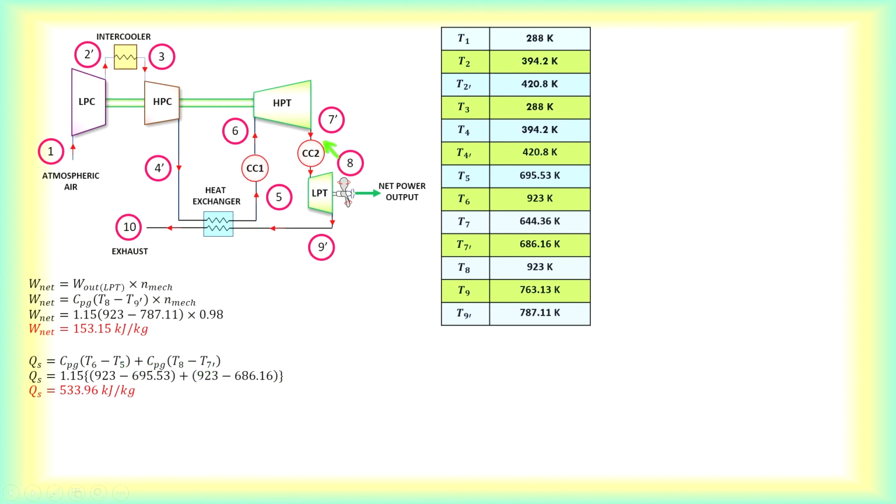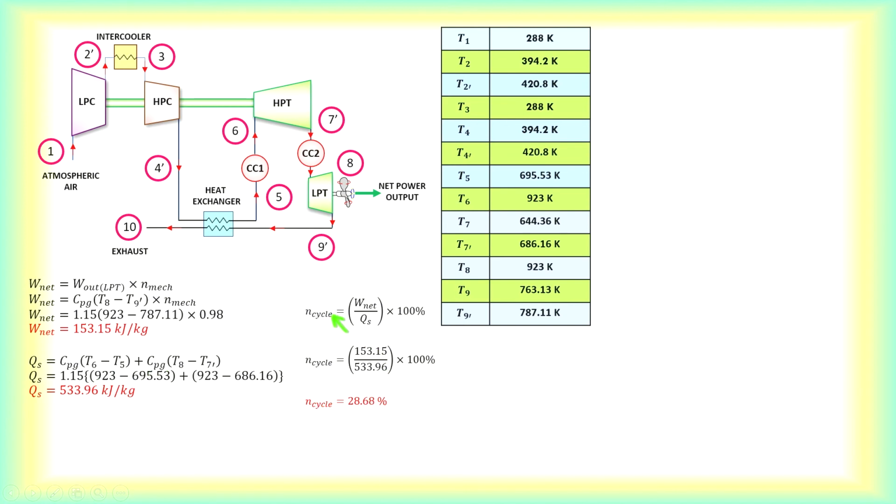This is T8, this is T7 prime, this is T6, this is T5. So 6 is higher than 5, so that's why I take T6 minus T5. And temperature of 8 is higher than 7 prime, so that's why I take T8 minus T7 prime. From here, you will get the total heat supply, 533.96 kilojoules per kg.